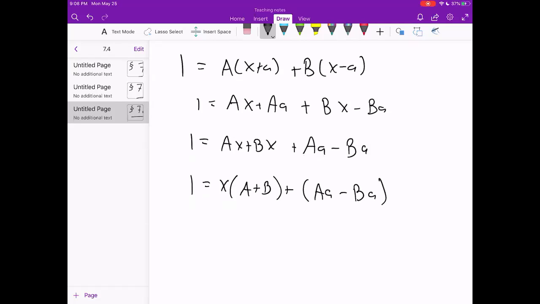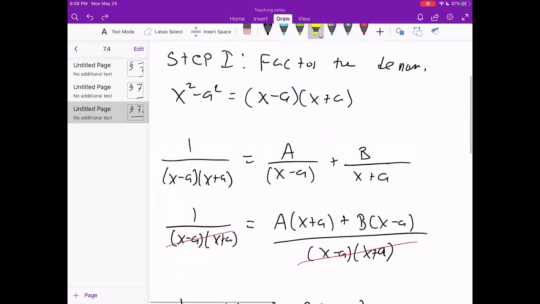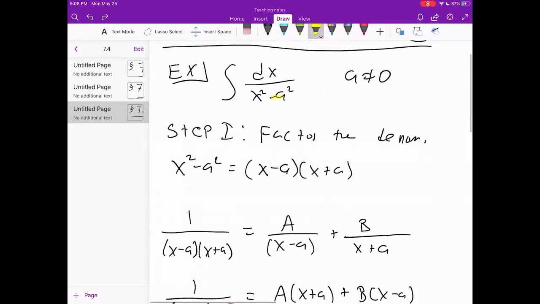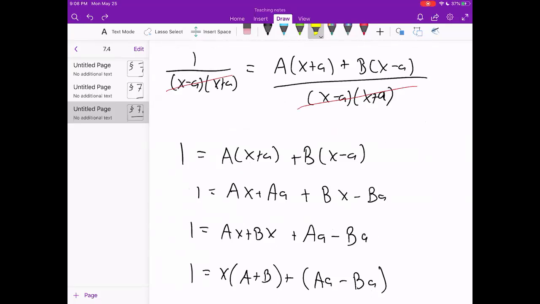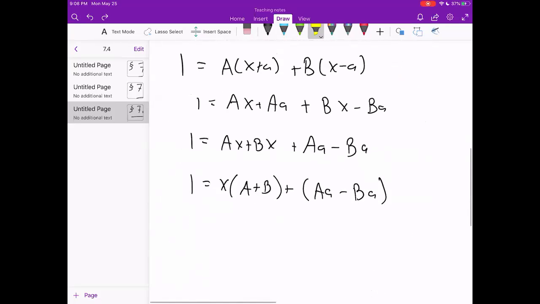In this case, you have to be careful: capital A and capital B are my unknowns. Little a is the part of the denominator up top here, so it's assumed I know what little a is. So let's continue. Now I compare the left and right-hand side. This is where the 0x comes in.